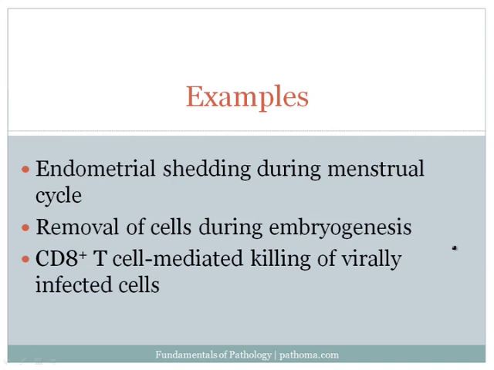MHC class I, once it expresses these viral proteins, will be recognized by CD8 positive T cells, and the means by which CD8 positive T cells kill virally infected cells is actually apoptosis. So that becomes relatively high yield.